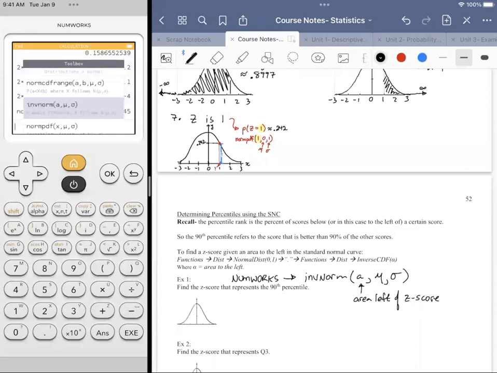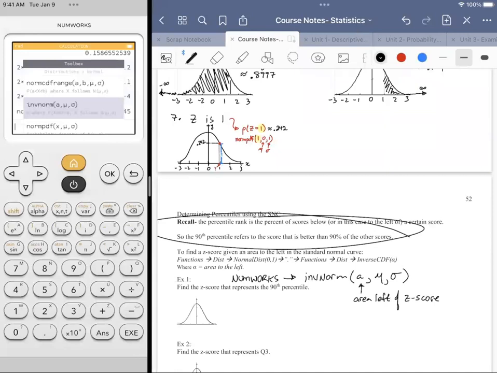When I say find the Z-score corresponding to 95 or 90% to the left, that fits very nicely with this function. Now the question says 90th percentile, but a percentile is a score that is better than a certain percent of other scores.